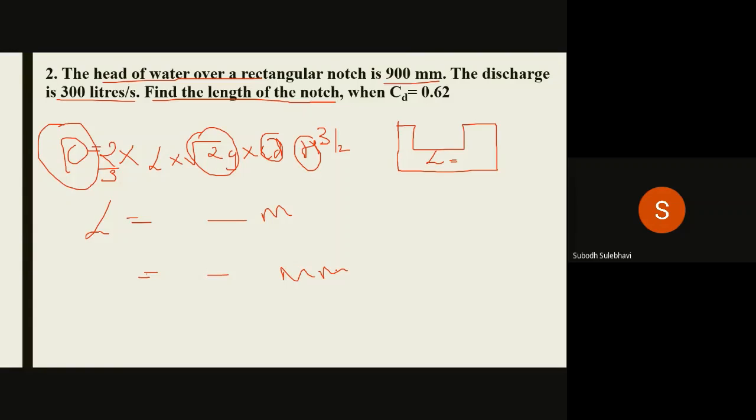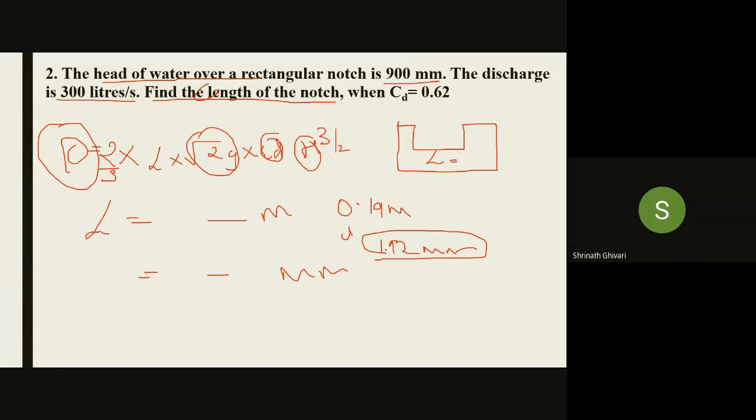0.19 meters. Very good. So the answer is 0.19 meter, or we can write it as 192. After 0.192 something will come, so it is 192 mm.